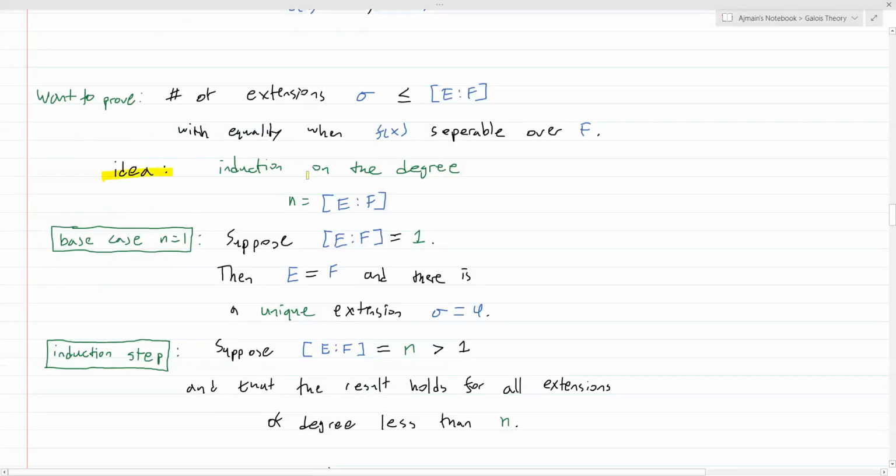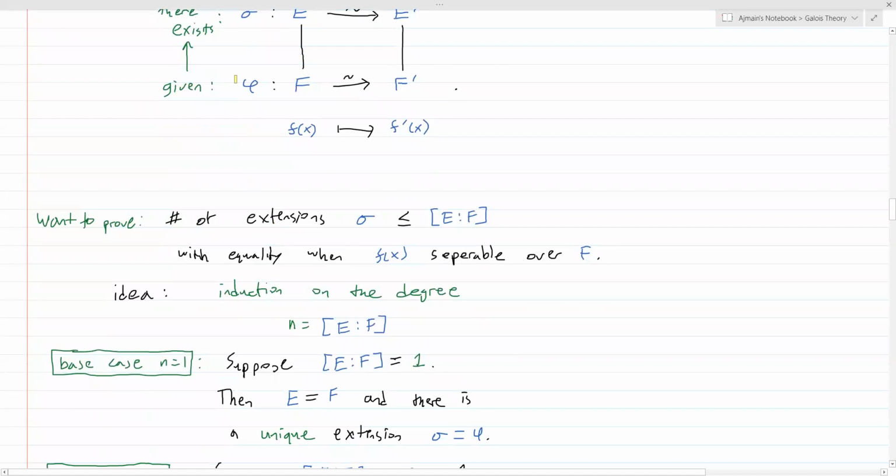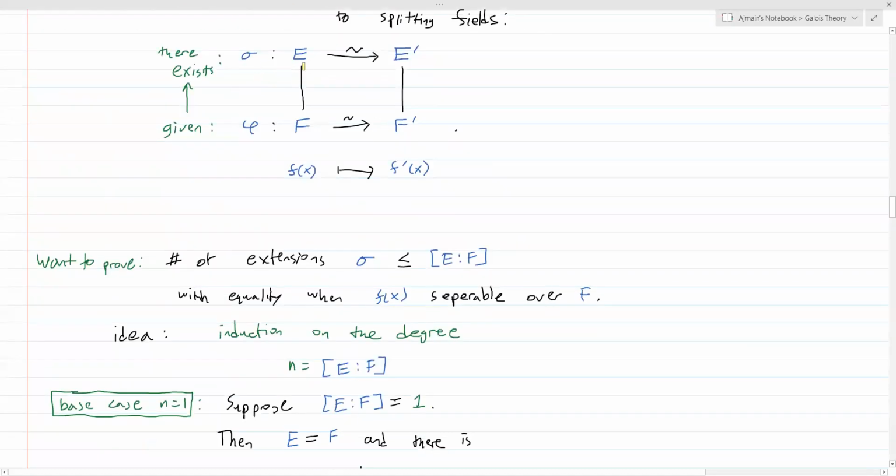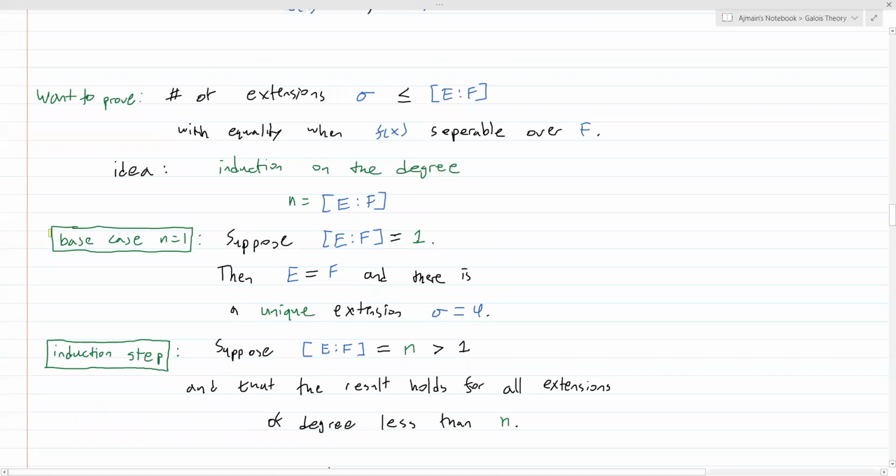So the idea of this proof is to induct on the degree n, which is the degree of the extension E over F. So we're going to assume this statement holds, i.e. there are the degree number of extensions when the degree is less than a specific number, and then try to prove it for that specific number. So first, let's do the base case.